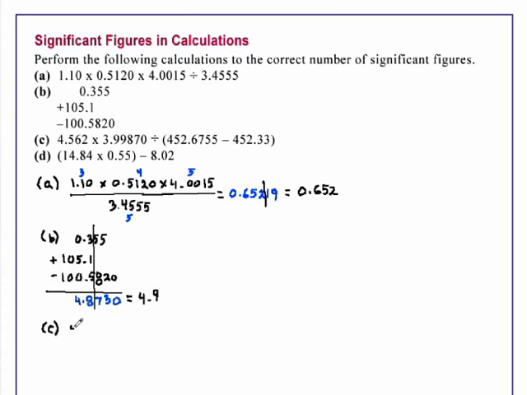We have 4.562 times 3.99870, and we're going to take that and divide it by the result of the operation 452.6755 minus 452.33.